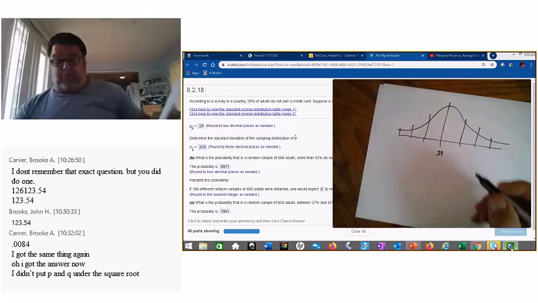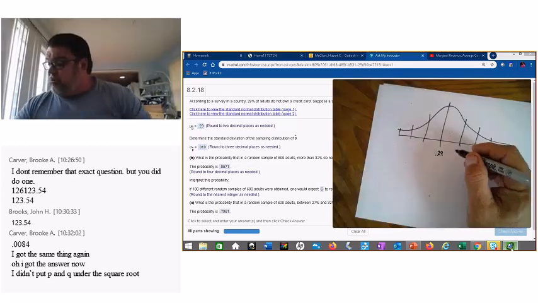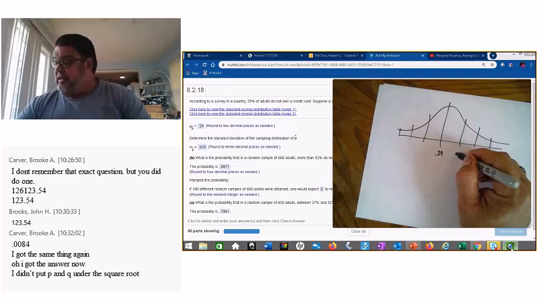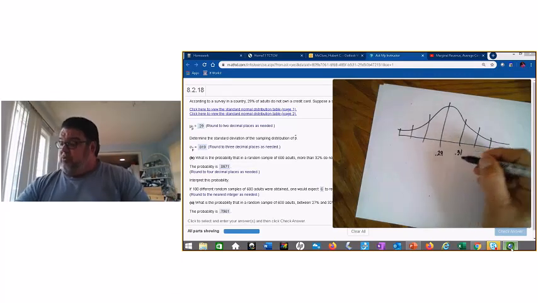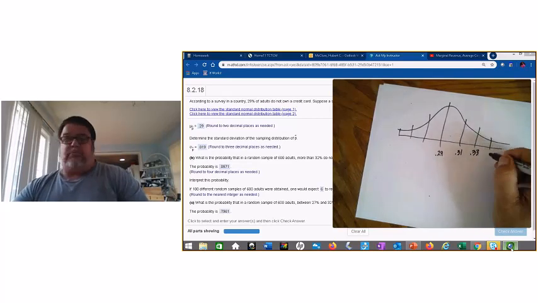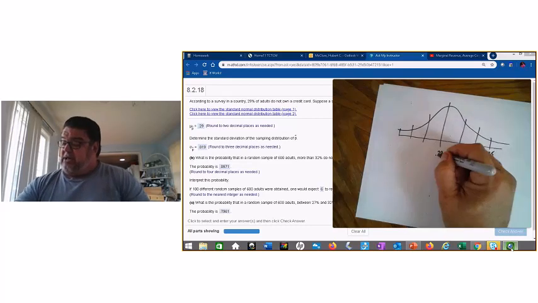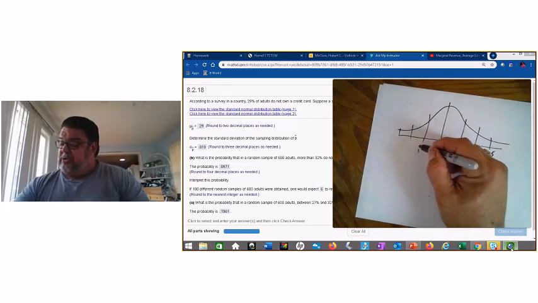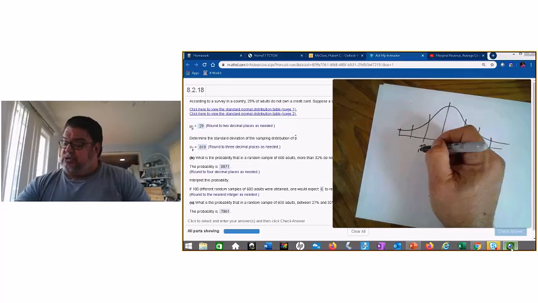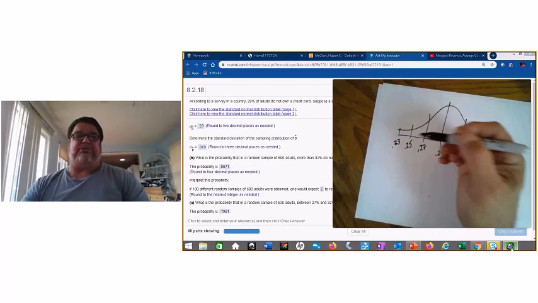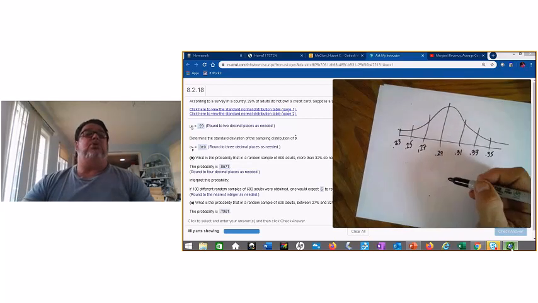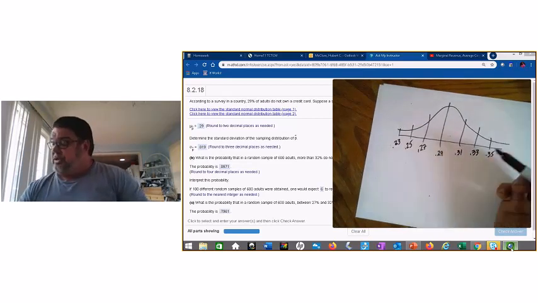Okay, so that's 2 cents. So 29 plus 2 cents is 0.31. 31 plus 2 cents is 0.33. 33 plus 2 cents is 35. 29 minus 2 cents is 27. 27 minus 2 cents is 25 and 23. Now they're saying they want to know what is above 32%.